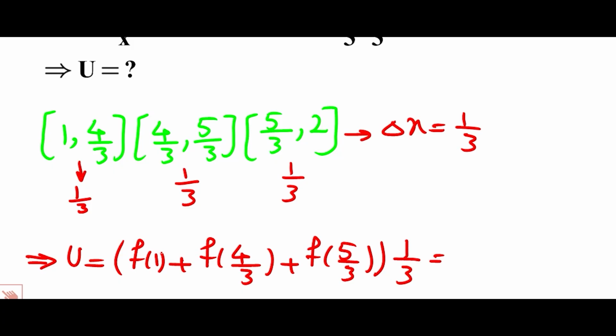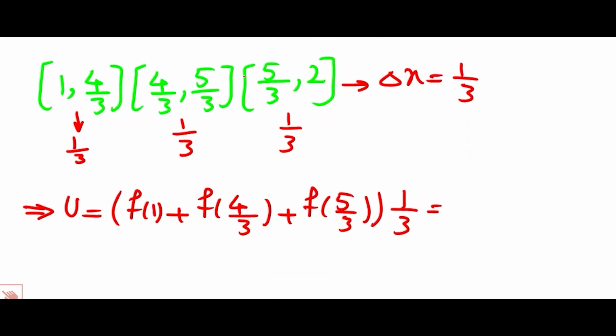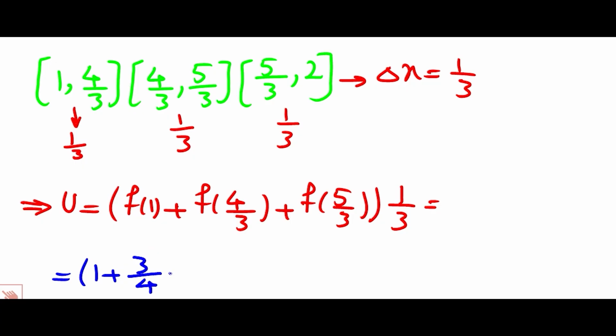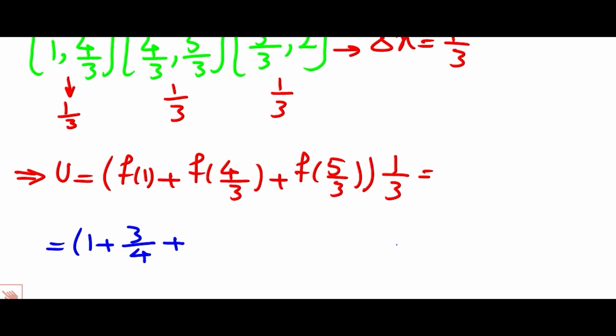So f of x equals 1 over x, right? So f of 1 is 1, f of 4 over 3 is 3 over 4, and f of 5 over 3 is 3 over 5, times 1 over 3. So the final answer is 47 over 60.